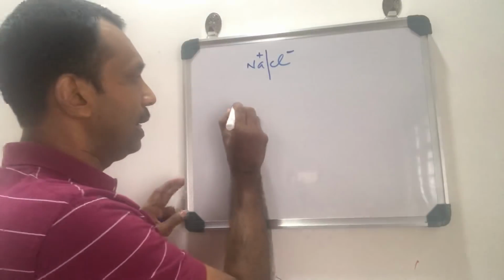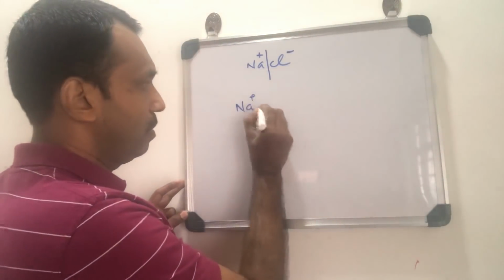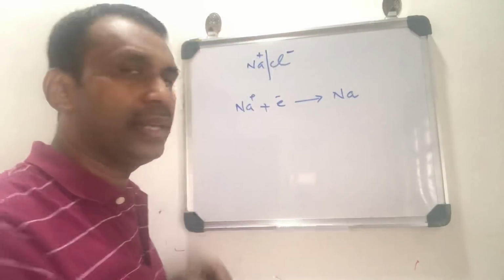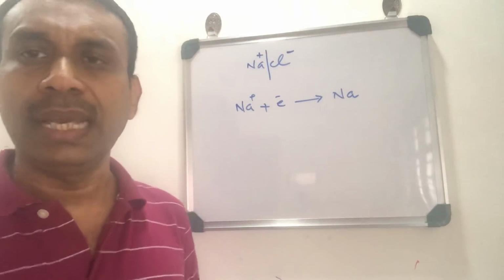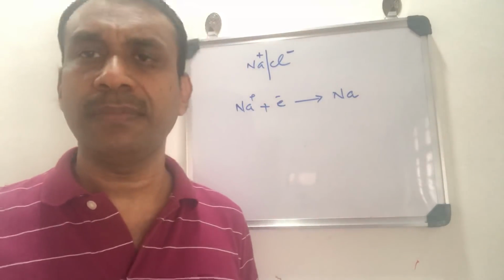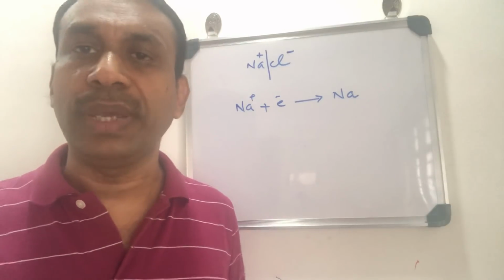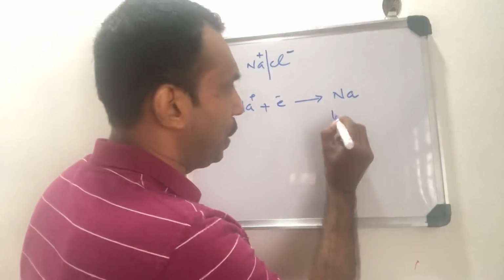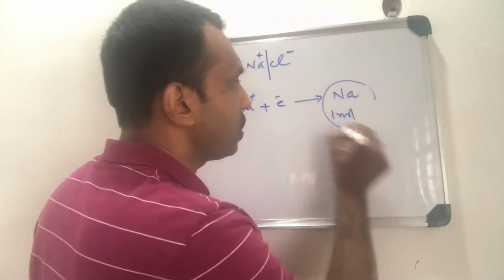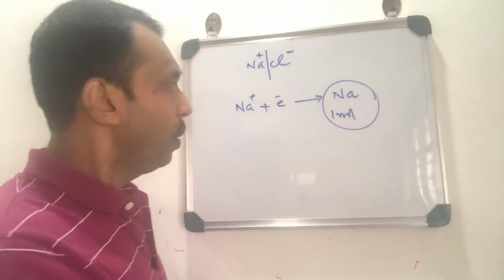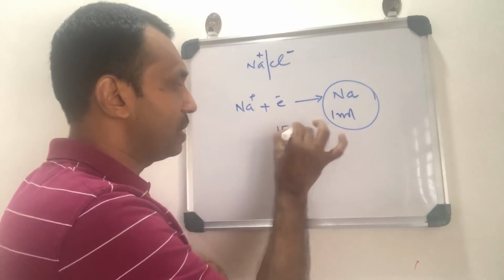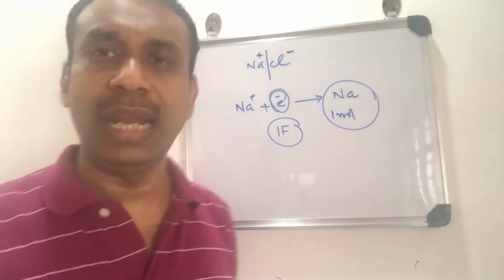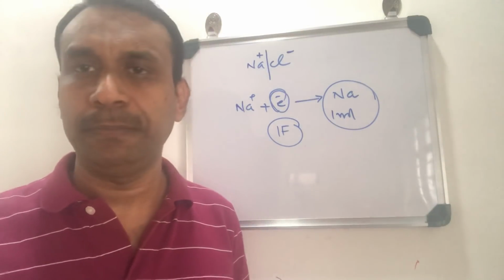We know Na+ plus 1 electron gives Na. Now here is the cathode reaction. Here we have to study certain points for solving numerical problems. Listen, in order to produce 1 mole sodium, 1 Faraday of electricity is required because the reaction involves 1 electron. Very easy method.